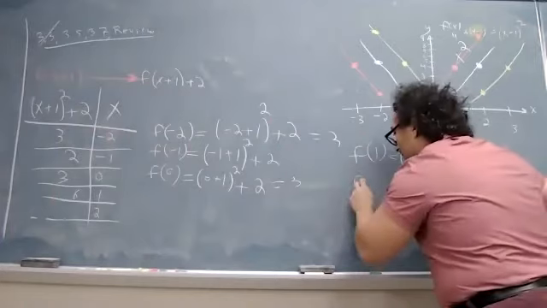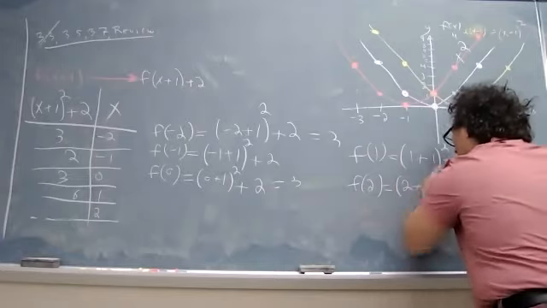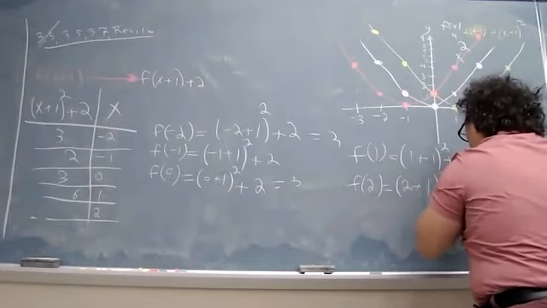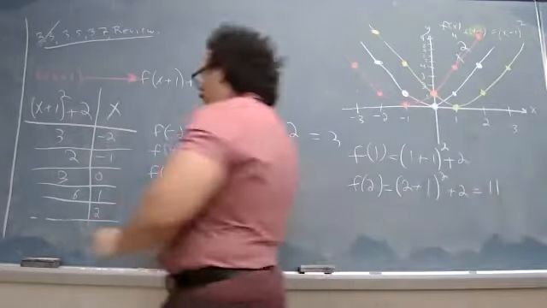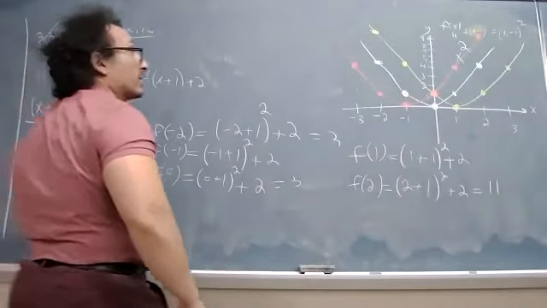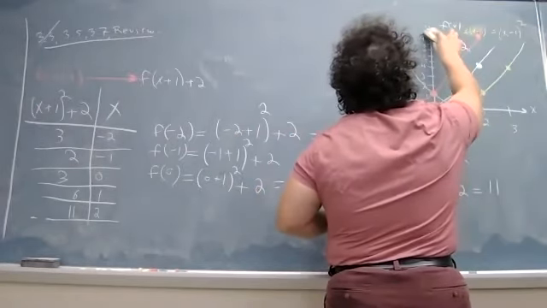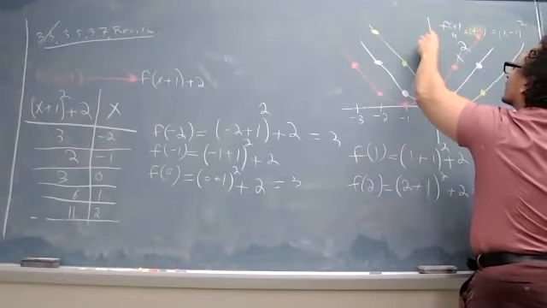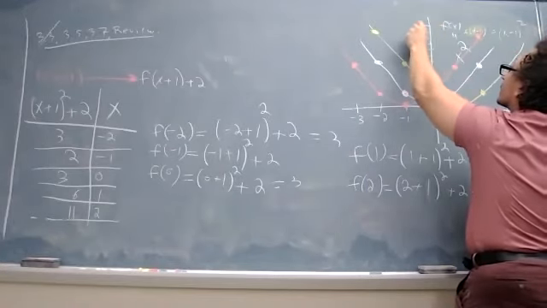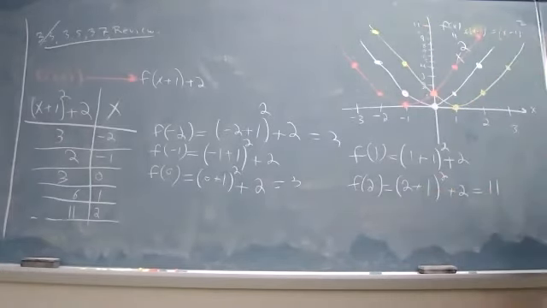What is f of 2? f of 2 is equal to 2 plus 1, everything squared, add a 2. That becomes 3 squared, which becomes 9, add a 2, which becomes 11. So I put a 10 and an 11 over here in anticipation.